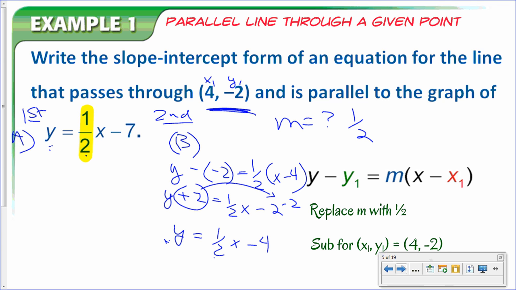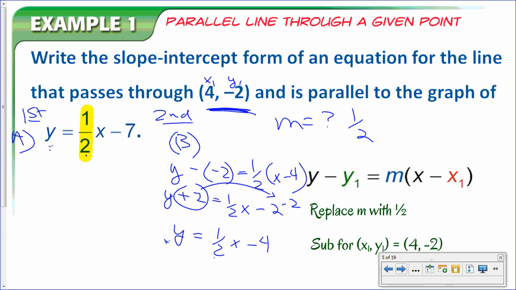Which equation was that? That was y equals 1/2 x minus 4. And then this one was y equals 1/2 x minus 7.